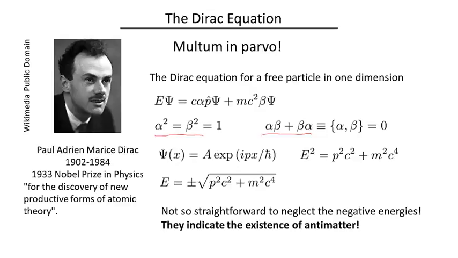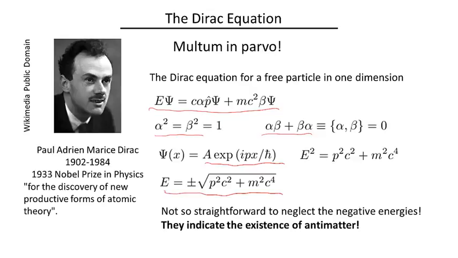But if you choose 2 by 2 matrices, then it's easy to solve the stationary Dirac equation. It's just proportional to a plane wave. And the remarkable thing is that you get both positive and negative energies.